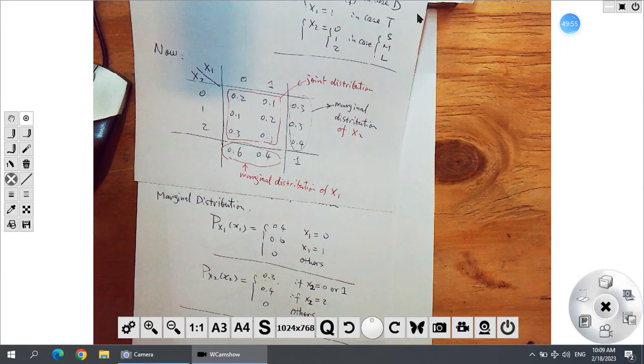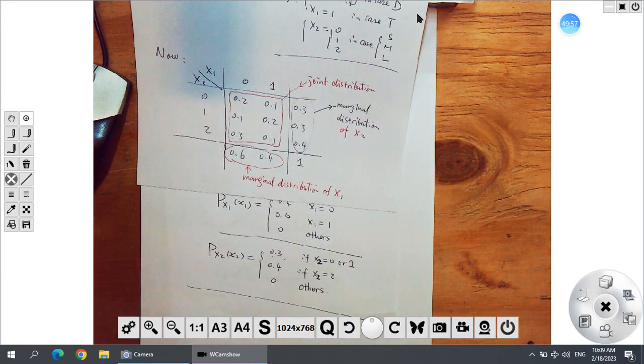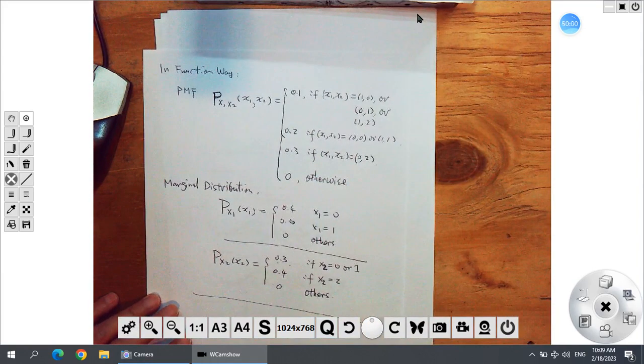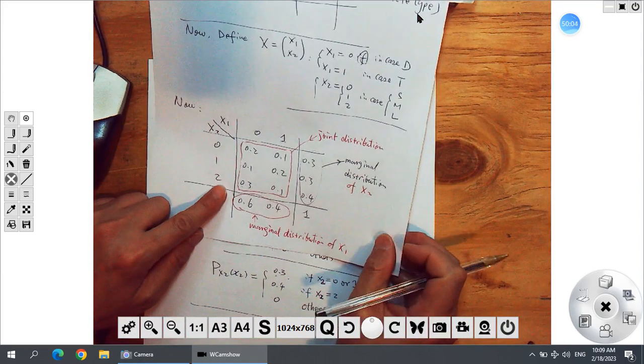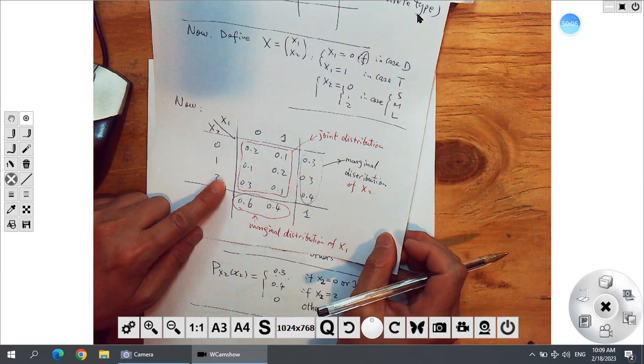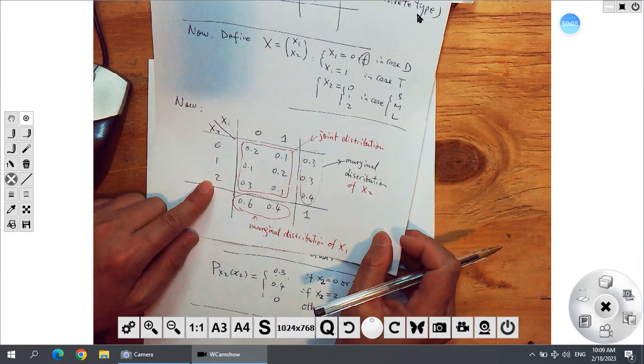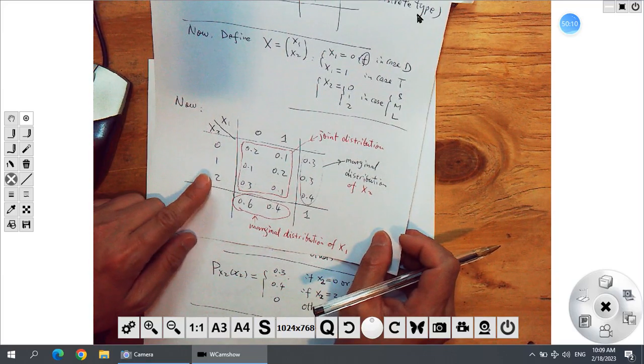So we have the marginal distributions. And after you have these, of course, you can do some calculations. You can find some probabilities, some conditional probabilities, as we did before.